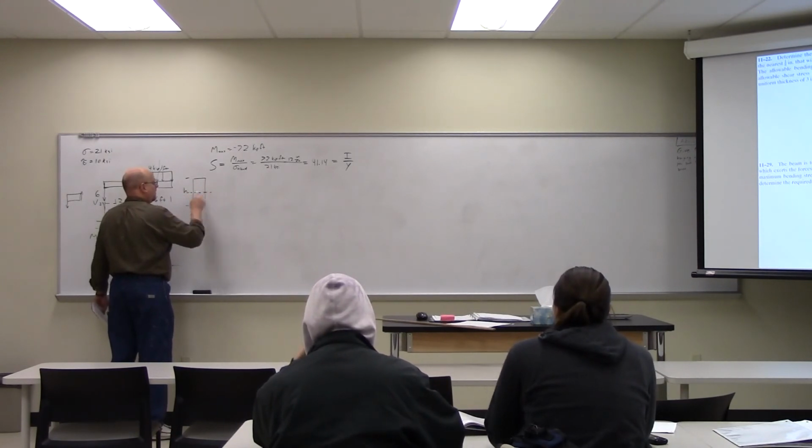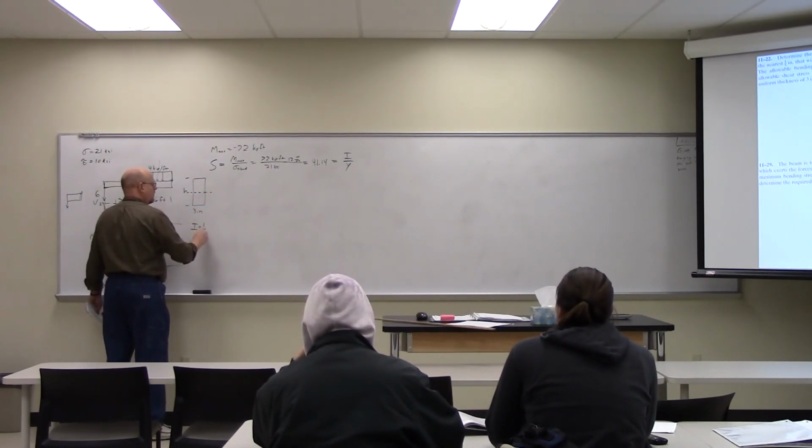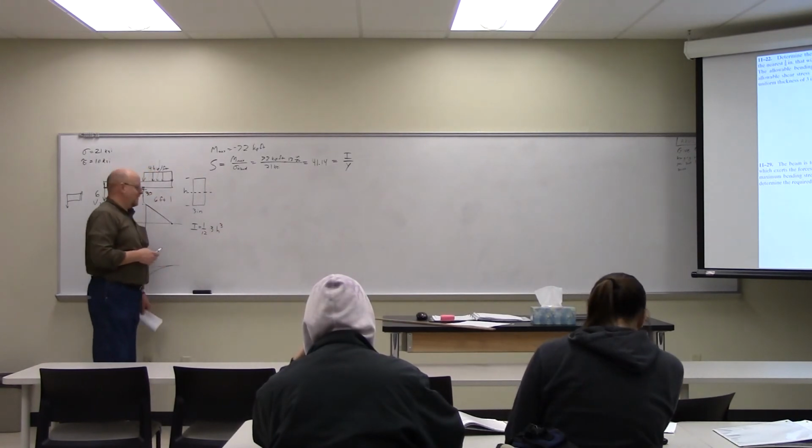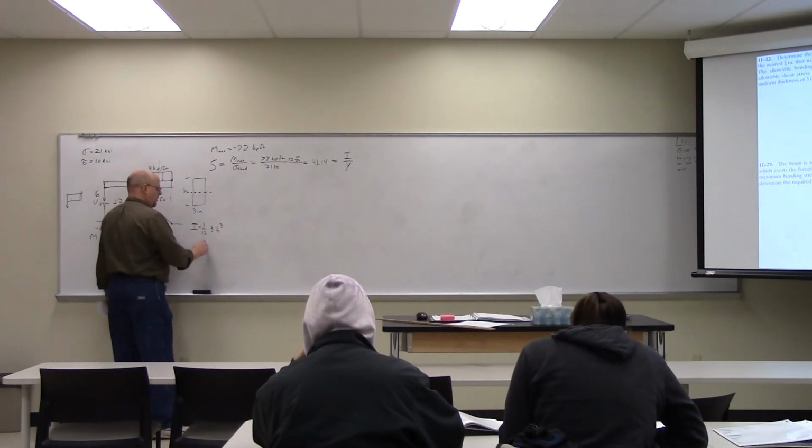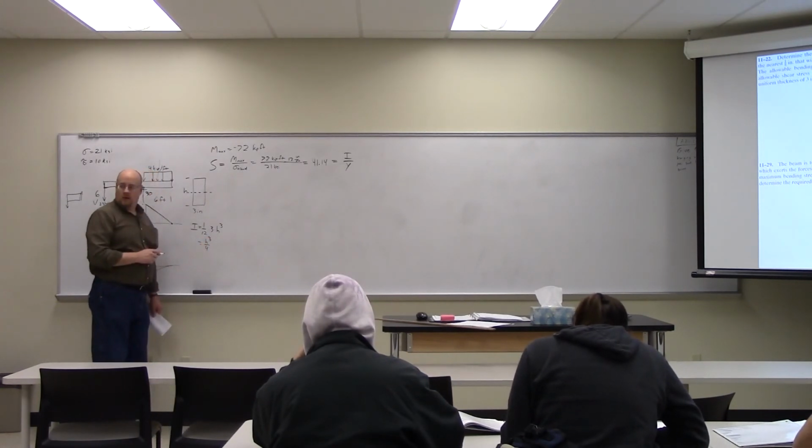Again, about the x-axis: 1/12 times 3 times the height cubed, to the 4th, cubed. Okay, so that's equal to h cubed over 4, right?